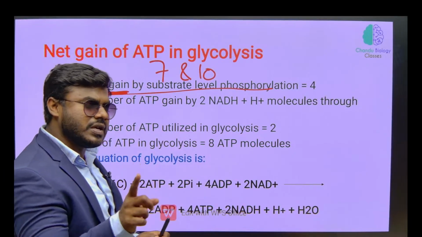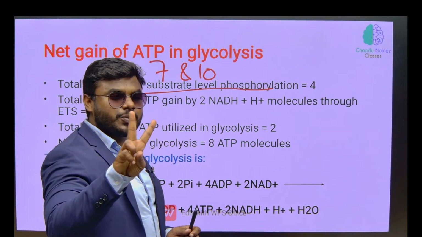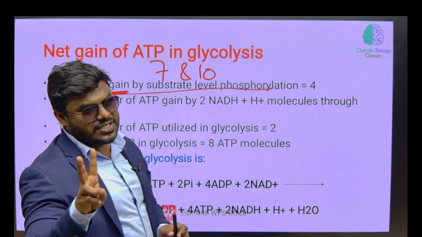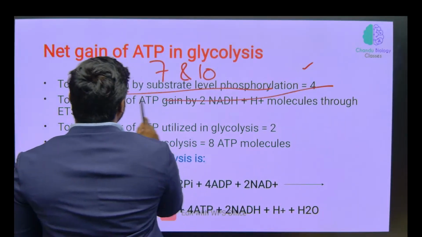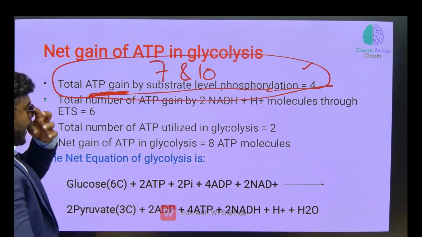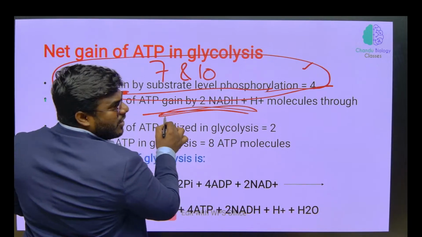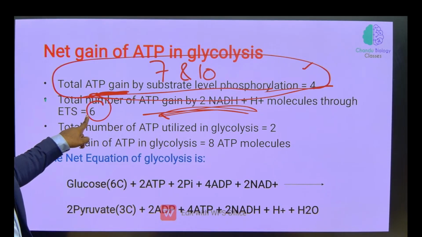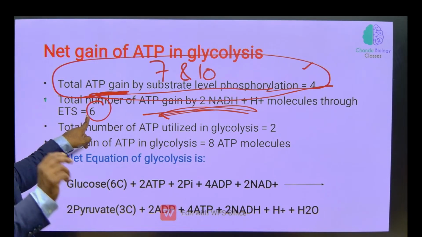Don't confuse: the total number of substrate level phosphorylations is 2. In the 7th step we got 2 ATP, in the 10th step we got 2. You have to understand this correctly. Total ATP gained from NADH is 6. Now how many ATP did we utilize in step 1 and step 3?